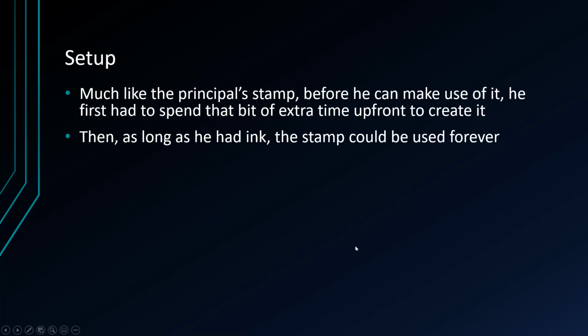So, much like that principal's stamp, before he can ever actually make use of it, he's got to first spend a little bit of time up front to build it. He's got to create it. Then as long as he's got ink, the stamp can actually be used forever. Now that's a pretty important notion. As long as he has ink, it can be used potentially forever. Now, what is ink?